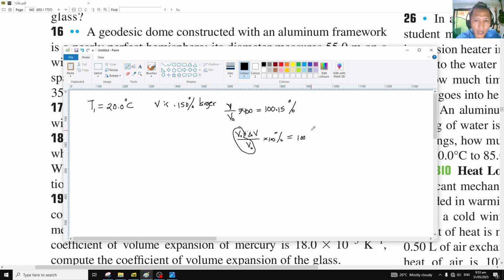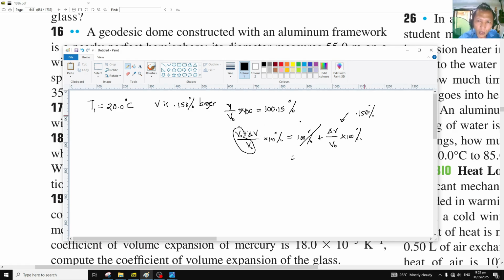So what remains is delta V over V0 times 100%, and this is equal to 0.150%. So we can focus on this.